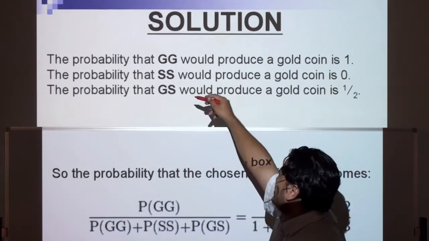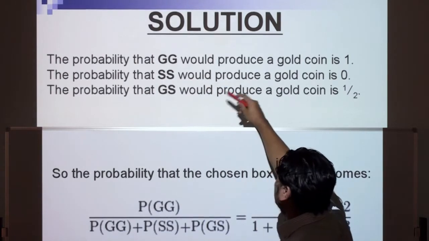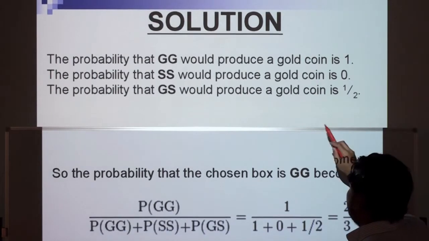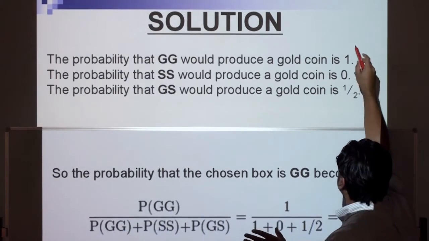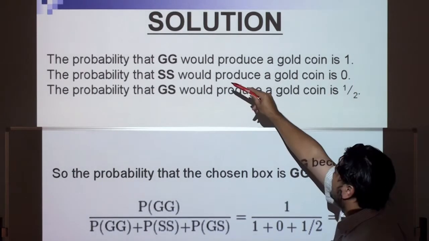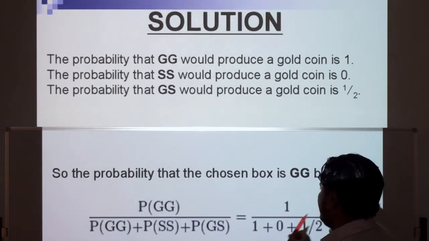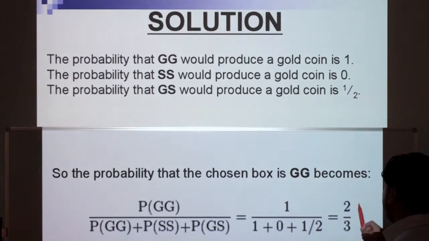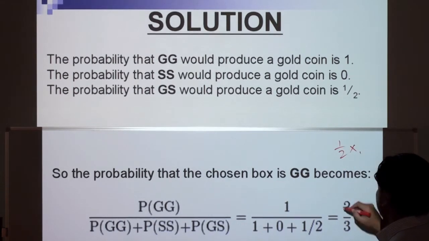Now, the probability that you get the gold and silver box and it produces a gold coin is 1/2. Most people think the answer is a half, but actually, it's 100% sure you'll get a gold coin. Therefore, the probability that the chosen box is both gold becomes 2/3. So the answer, instead of a half, is actually 2/3.